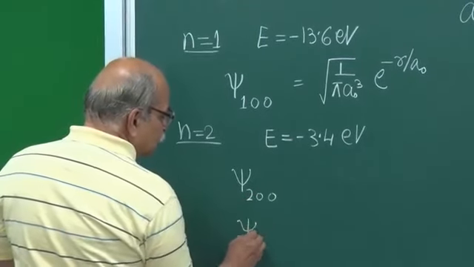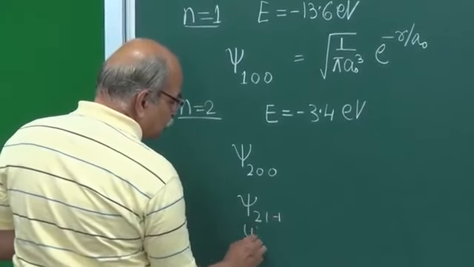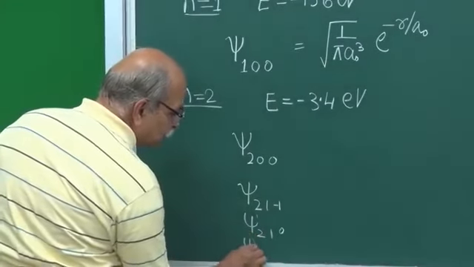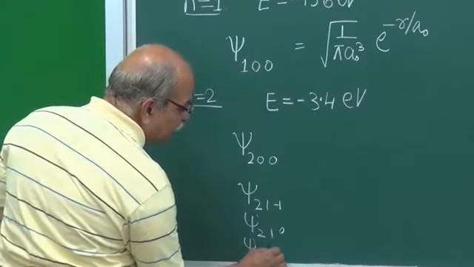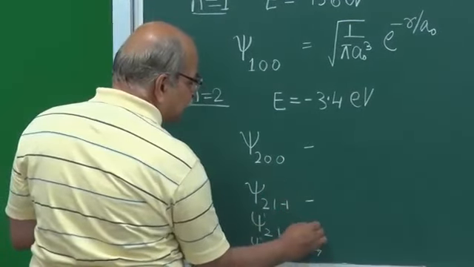Then we write 2, 1, minus 1. Then we write 2, 1, 0. And we write 2, 1, 1. So you have 4 different functional forms.